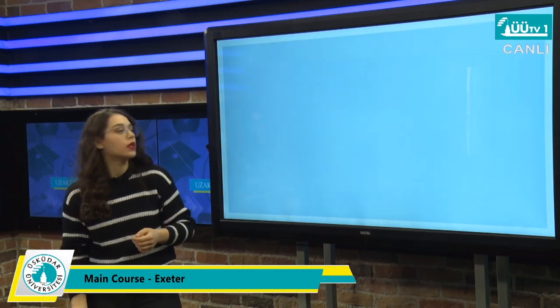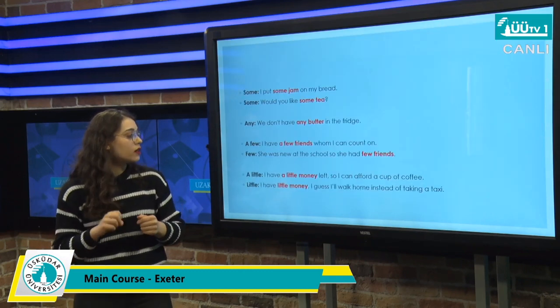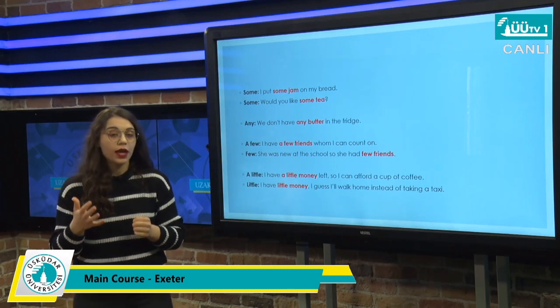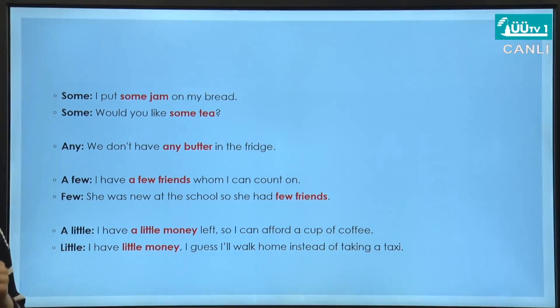For example, I have a little money left, so I can afford a cup of coffee. It means that I have enough money to buy a cup of coffee, though not much. Or, I have little money, so I'll walk home instead of taking a taxi. It tells us that I don't have enough money to take a taxi, so I'm just going to walk. So we use few with countable nouns, and a little or little with uncountable nouns.